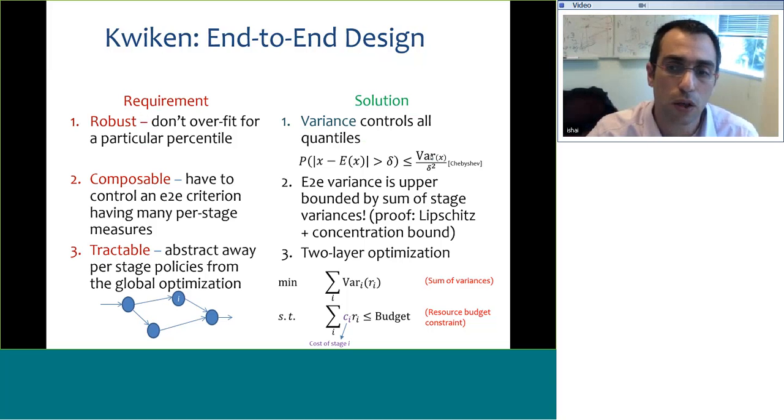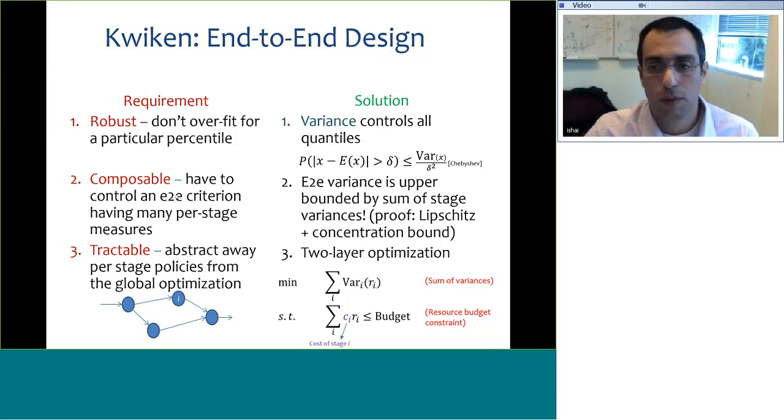Why variance? The motivation comes from something like the Chebyshev inequality, whereas a deviation from the mean, no matter what deviation you use here, is proportional to the variance. So if you reduce the variance, you essentially, or intuitively, take care of all the percentiles at the same time.